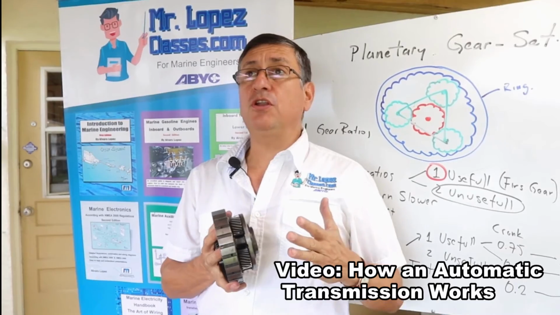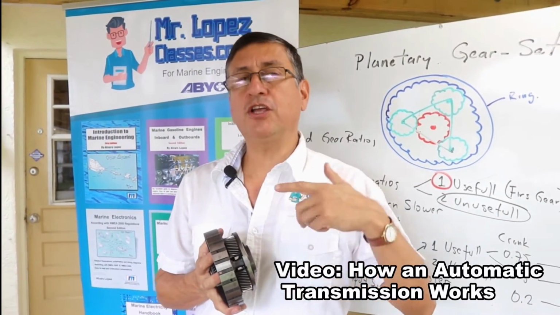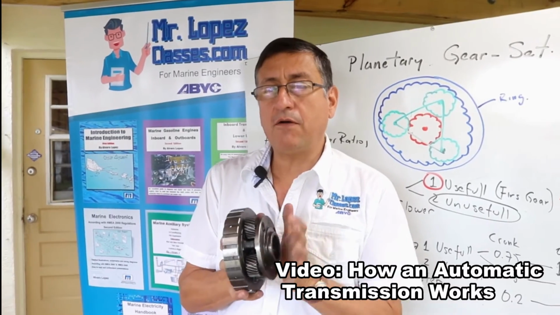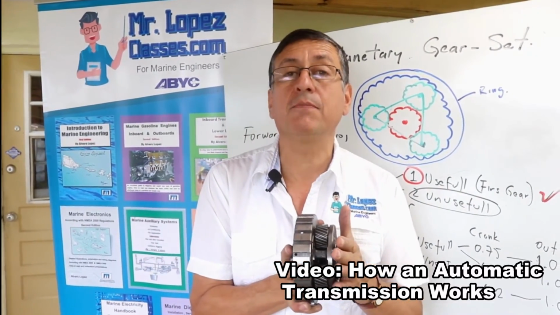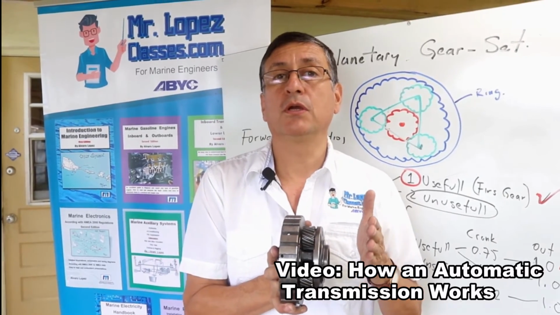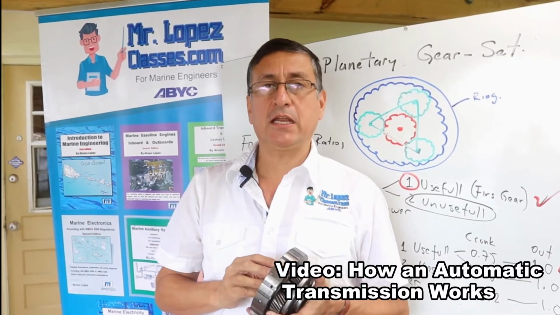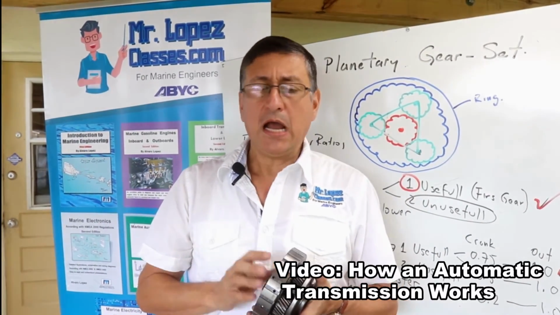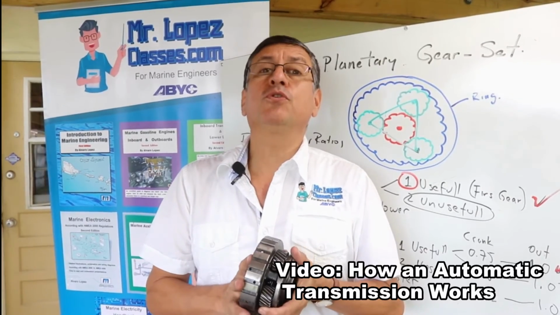Suppose that the transmission is 4 speeds, 4 speed in forward. I have 1 planetary gear set for 2 gear ratios, and other one in tandem for the other 2 gear ratios. That transmission internally has 2 sets of planetary gears because it's 4 speeds in forward. And in one of those is produced the reverse.